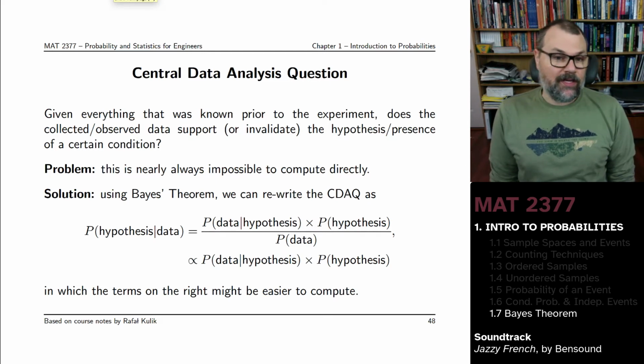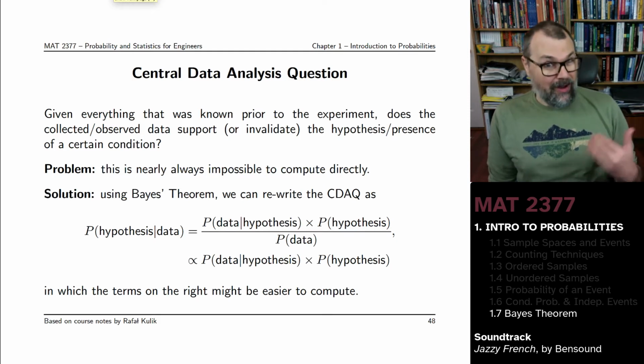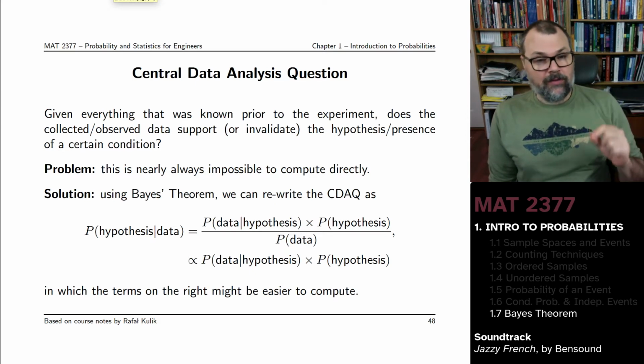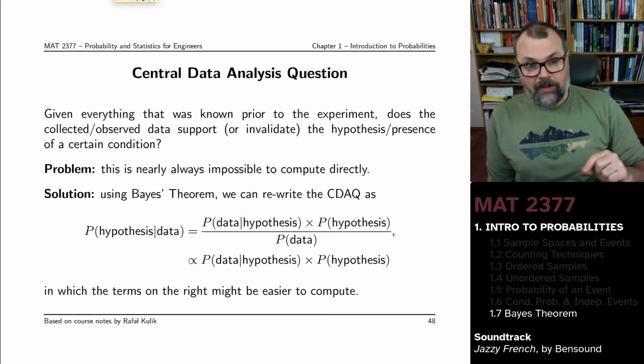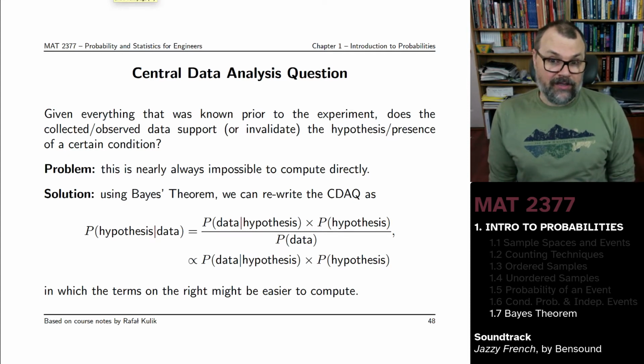The problem is that it is very difficult to compute this directly. The probability that the hypothesis is true given the data, that is not an easy thing to compute. If you're lucky, you might be able to use Bayes' theorem to recast the probability that you're trying to compute.